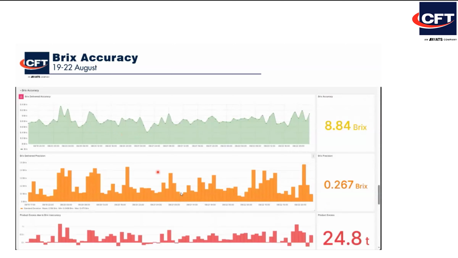As we look at the average of the standard deviation of the bricks from its set point, we can see how that value averaged 0.267 bricks. But we can also see that there were moments where this deviation is particularly high, up to 3.2 or 3.4 bricks.